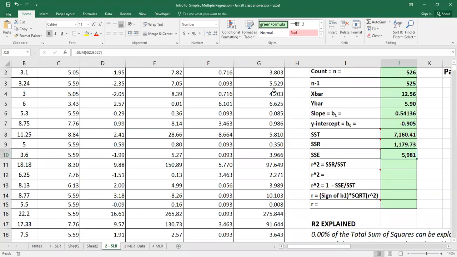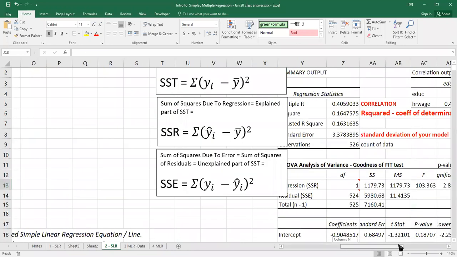Okay, 5980.68. Okay, pareho ba guys? 5980.68. Okay, pause muna ako guys. Any questions so far? Naintindihan ba? So far, clear naman. I would appreciate your feedback.